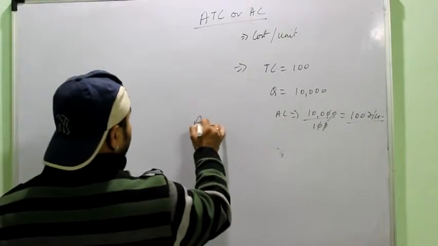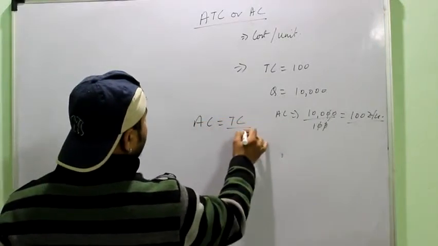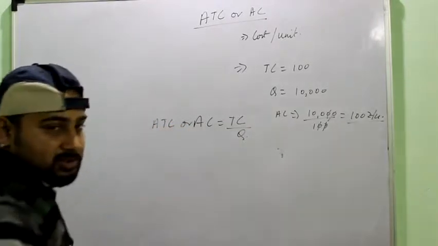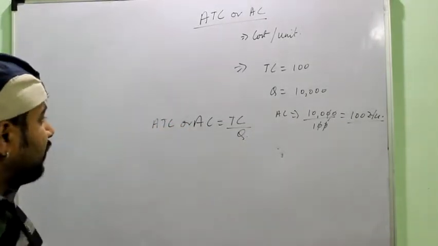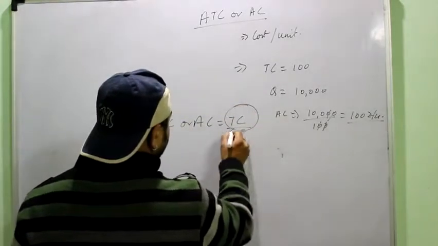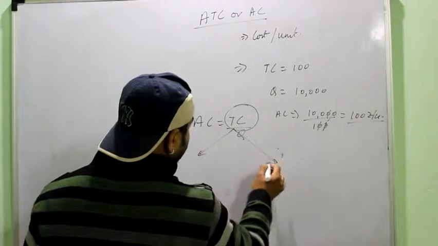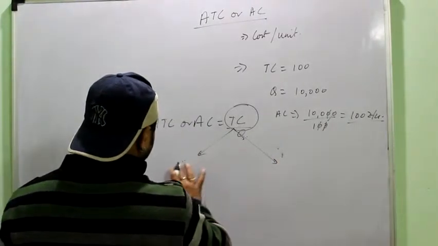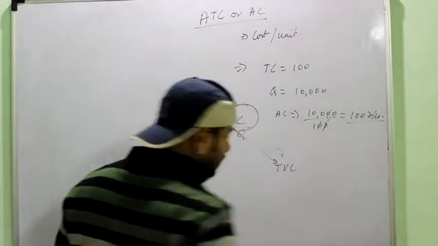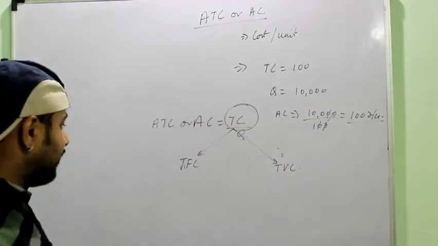The formula for average cost is total cost divided by output; it can also be known as average total cost, ATC or AC, that is TC upon output. Now just see, this TC is again divided into TFC and TVC, total fixed cost and total variable cost.